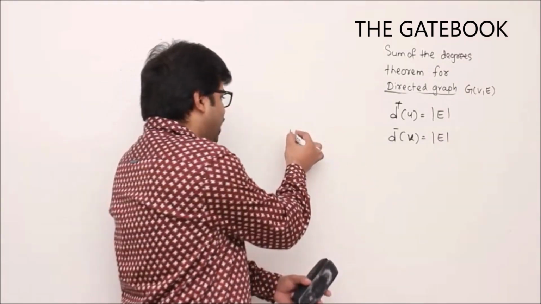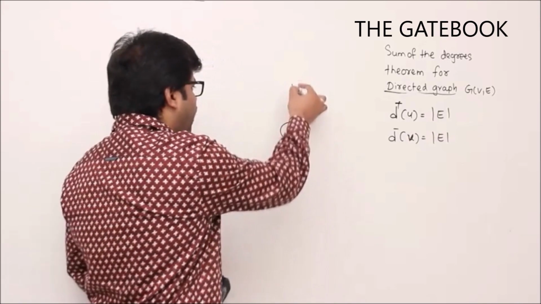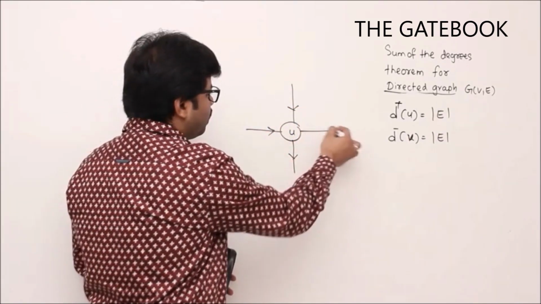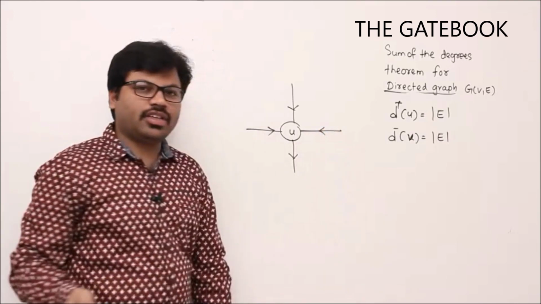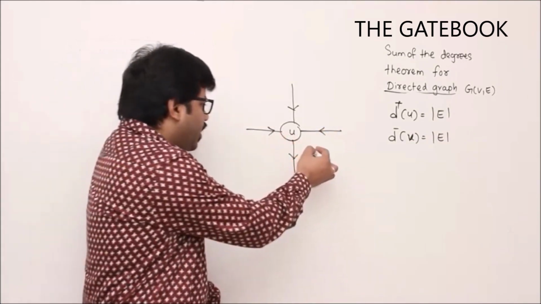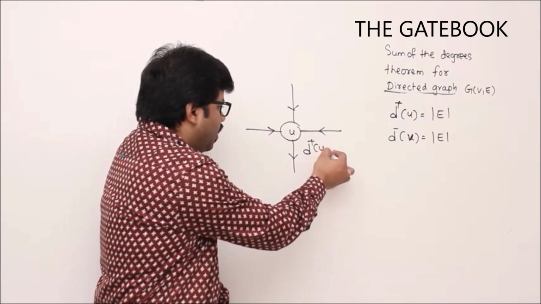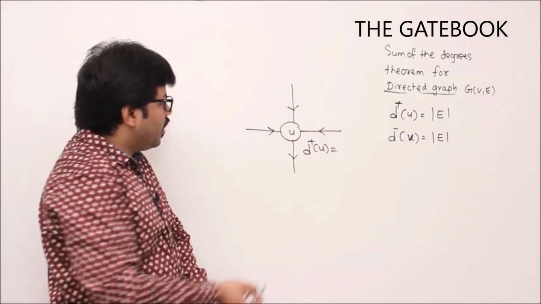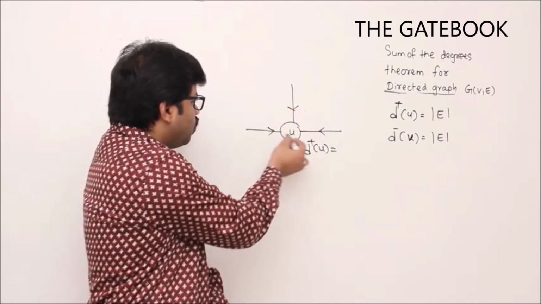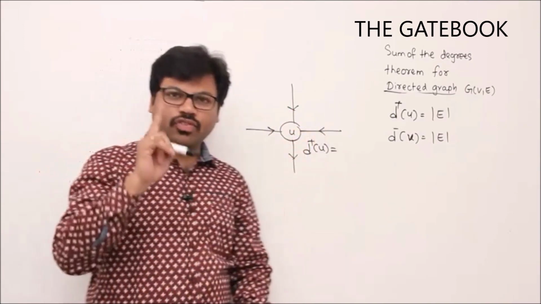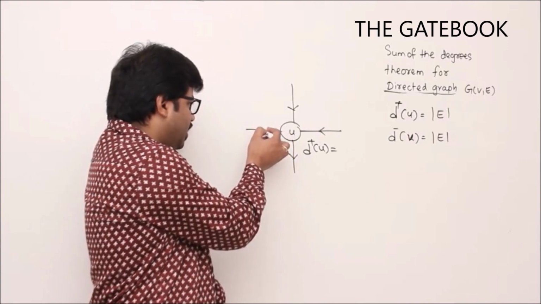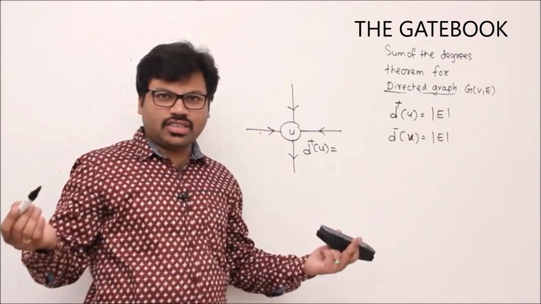For that, let me take a vertex u and randomly draw some of the incoming and outgoing edges. Now you see, whenever I do d plus of u, that means incoming degree, I take the number of edges which are incoming: 1, 2, 3. Question number 1, is this incoming edge incoming for any other vertex?